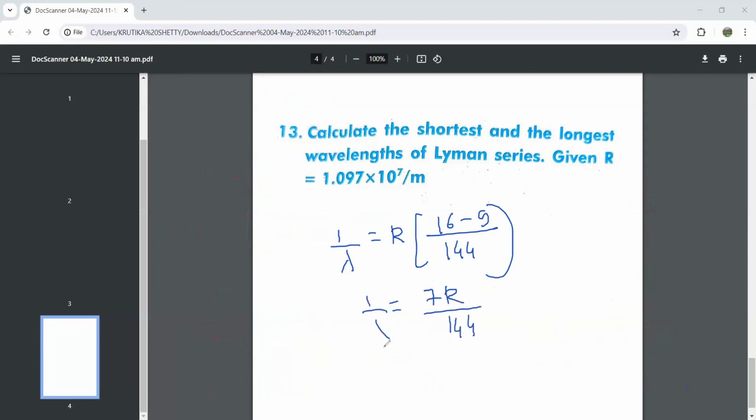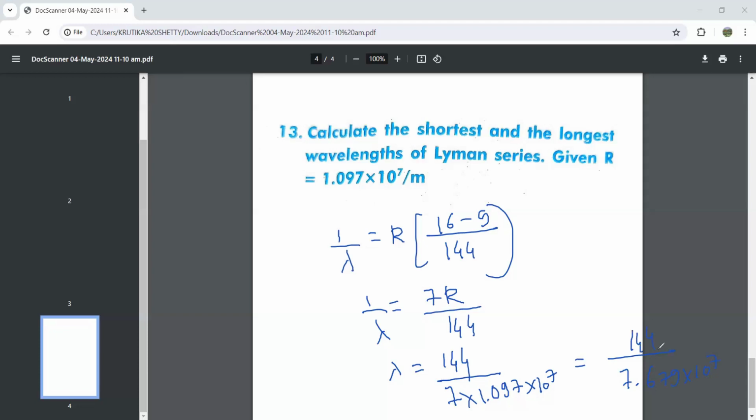This is 1 by lambda. So lambda is equal to 144 divided by 7 into 1.097 into 10 to the power of 7. So 7 into 1.097 is 7.679 into 10 raised to 7. And here it is 144.